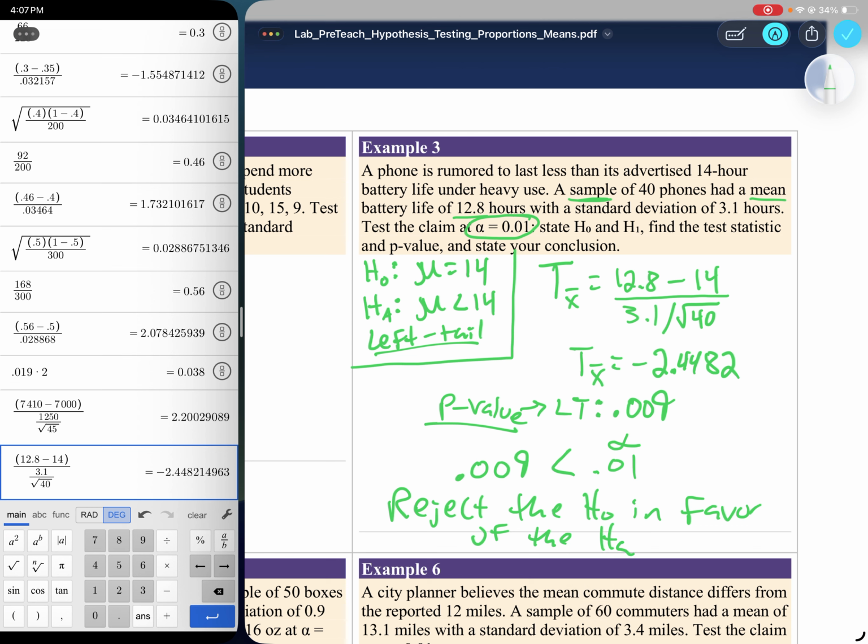So we have statistically significant enough evidence to reject the company's advertisement that the phones last 14 hours. In fact, we will now believe the phones do last less than 14 hours based on this sample.